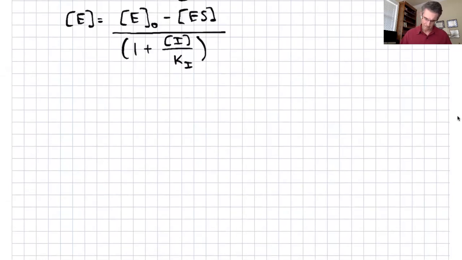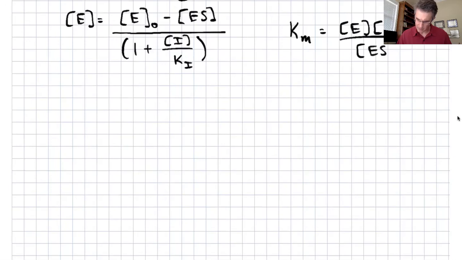All right, so we can rearrange that. Let's write it back out again so you can see it. Remember, this is the concentration of enzyme times the concentration of substrate divided by the Michaelis complex concentration. We can rearrange this expression so we have Km times the concentration of Michaelis complex equals free enzyme times the concentration of substrate.